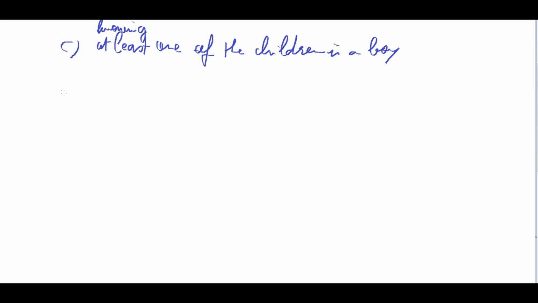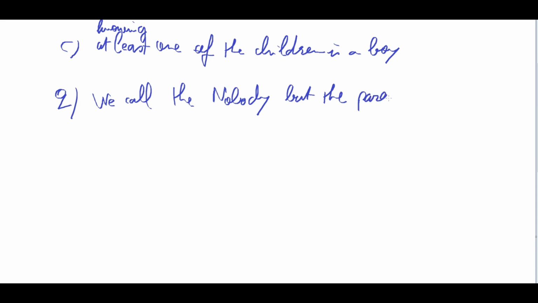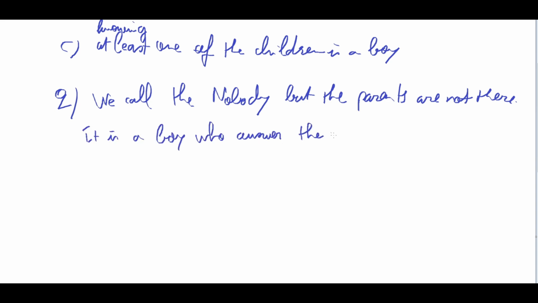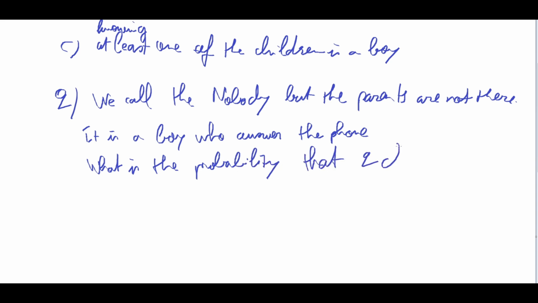Two, let's say that we call the Nobodies' family, but the parents are not there. It is a boy who answers the phone. What is the probability that the 2 children of the Nobodies are boys?